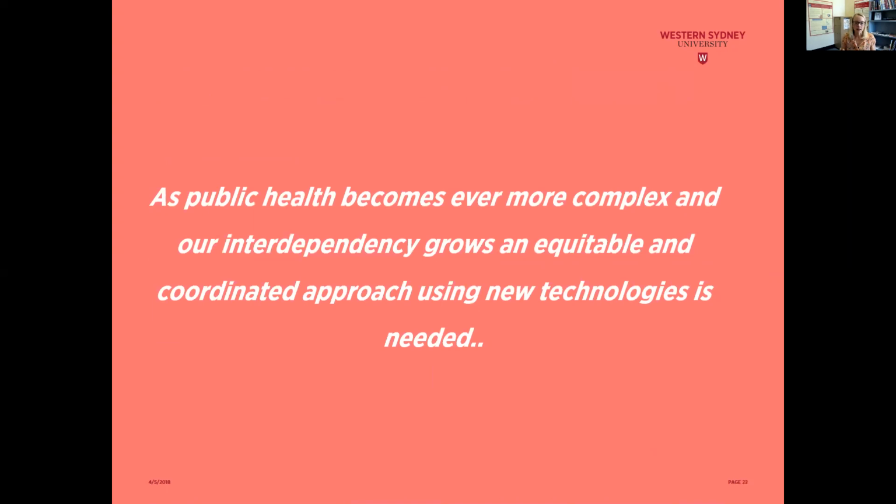So like I said, as public health practitioners in this era, it's becoming more and more complex. Our practice really depends on interdependency, all those stakeholders we've talked about working together to develop an equitable, coordinated approach using new technologies. And that's where you all play a key role. It might be locally, it might be in one of these developing countries, working on surveillance and movement of disease.